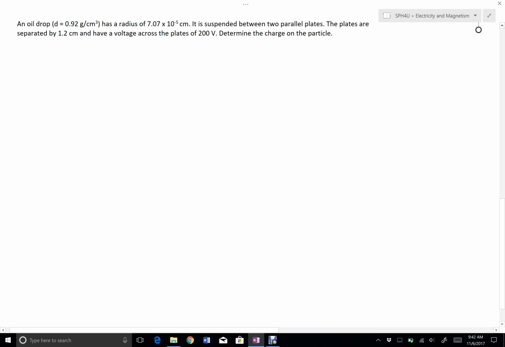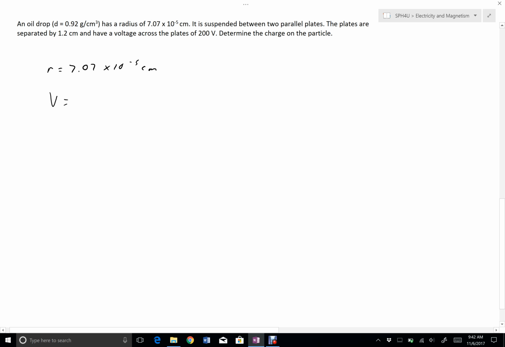So here our oil drop has a radius of 7.07 times 10 to the negative 5 centimeters. I'm going to use that to come up with a volume in centimeters cubed that I can use the density to go all the way over to the mass of that oil drop.